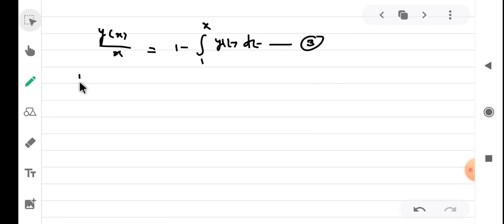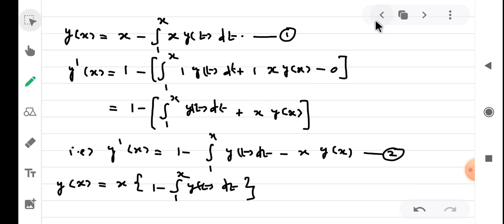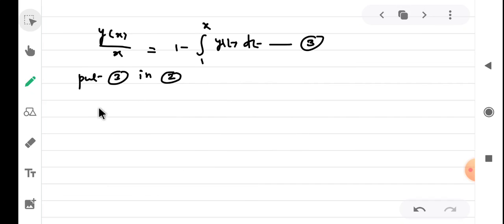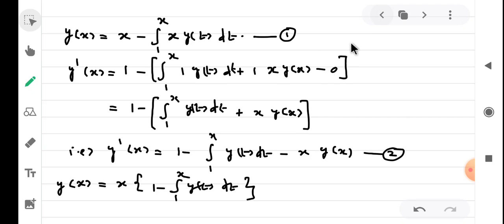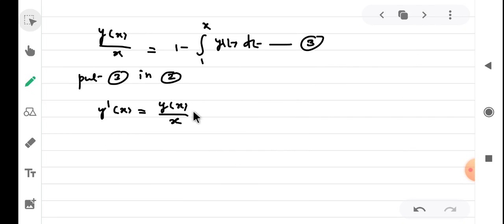So put 3 in, and I'll get y dash of x is equal to y of x divided by x, minus x into y of x.